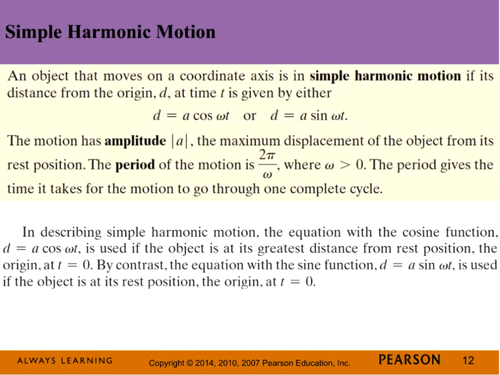What we're told here is that an object that moves on a coordinate axis is in simple harmonic motion if the distance from the origin, which they're calling D, at any time is given by either a cosine or a sine function.